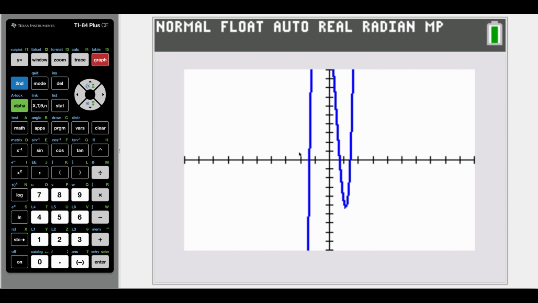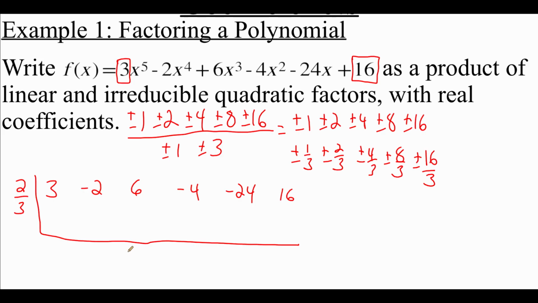Now we can see that none of these zeros are happening at nice integer values. So I'm going to focus on this one that's happening at just a little bit short of 1. So we can see that it's more than halfway but less than 1. So if we're thinking about our list of possible zeros that we just made, this is probably 2/3. So what I'm going to do is run synthetic division using that 2/3 to prove that 2/3 is a zero of this function and start factoring this function out.